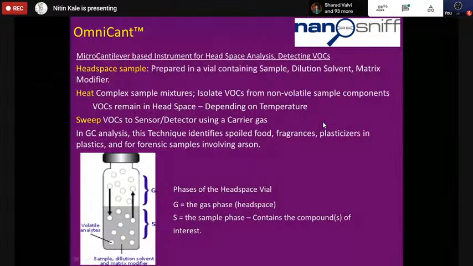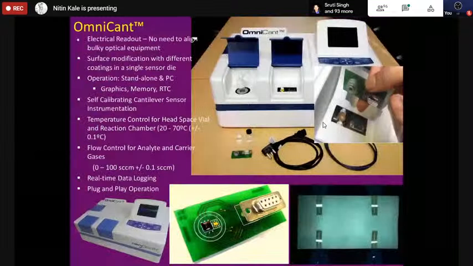This area looks empty, but it's filled with some of the vapors of the analyte. The best way is to take these vapors by some mechanism to your analyzer and try to analyze what is there inside, right? So that's your headspace analysis. We try to do that with microcantilevers. This is the instrument.